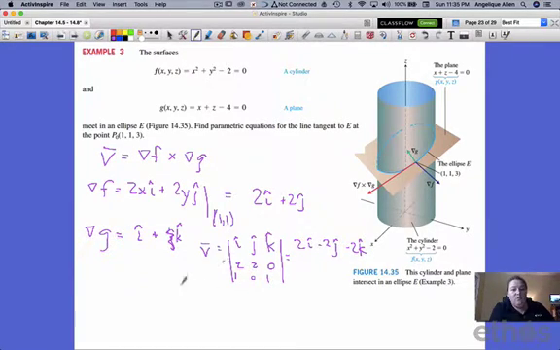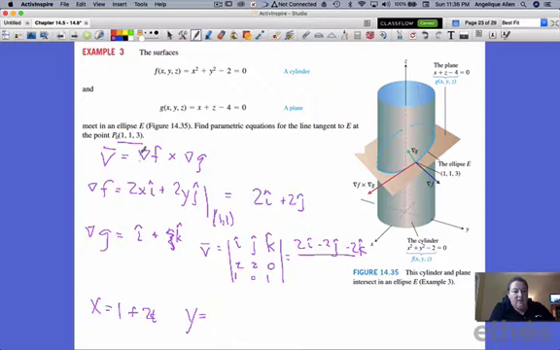And so here's what we know. This vector right here is our cross product right here. That's in the direction of the tangent line. So that's going to help us set up our tangent line. The other thing is we've got to go through the point (1, 1, 3). So our line in parametric form is going to be our starting point, x naught, plus our x component 2 times t.